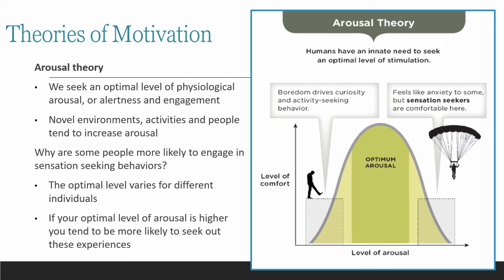So why are some people more likely to engage in sensation-seeking behaviors? The optimal level varies for different people. If your optimal level of arousal is higher, you tend to be more likely to seek out these experiences.